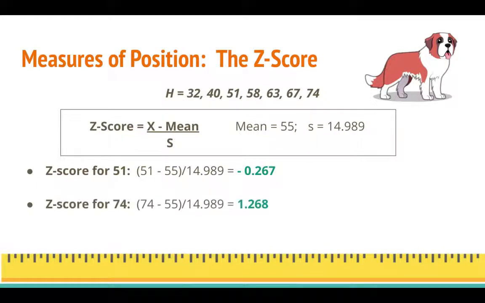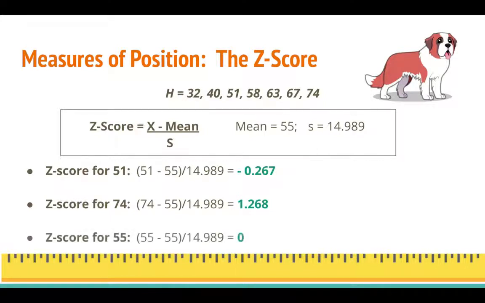The z-score for 74, this is at the top of my data list, so I'm expecting a positive z-score. It's above my mean. So I find the difference, 74 minus 55, and divide it by a standard deviation. I'm more than 1 standard deviation away. So I'm 1.26, about 1.25 standard deviations away from the mean.